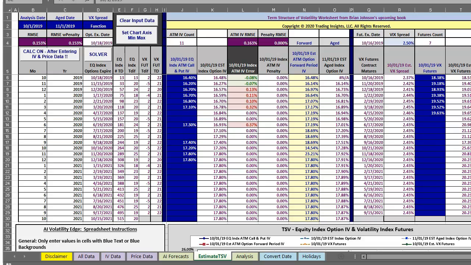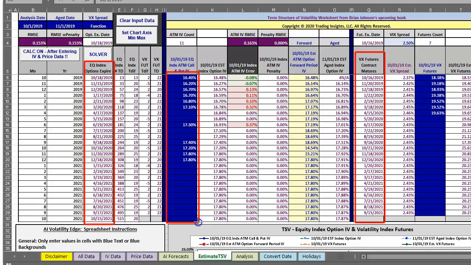I recommend entering data on this worksheet and importing that data into the analysis worksheet because the monthly option and futures expiration dates are automatically populated on the Estimate TSV worksheet. These are the dates located here. These are the monthly expiration dates for the equity options. These are the monthly expiration dates for the VIX futures contracts.